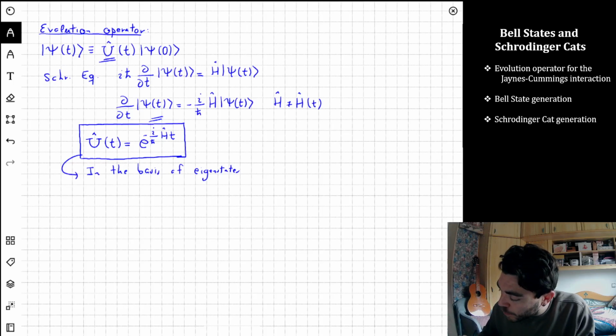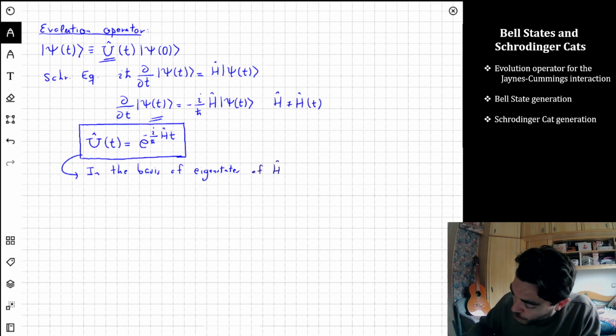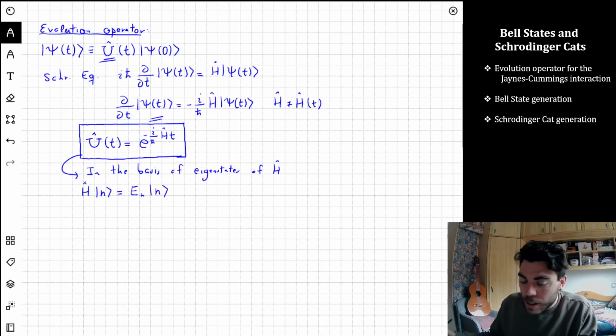But in general, in the basis of the eigenstates of H, we know that H applied to these eigenstates is equal to some number, the energy, times these eigenstates.